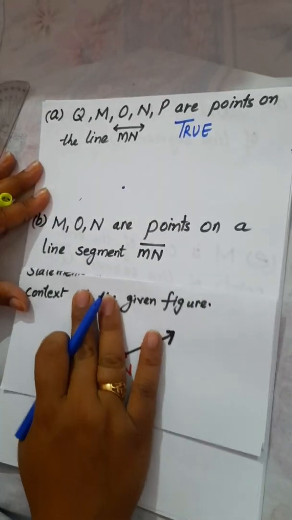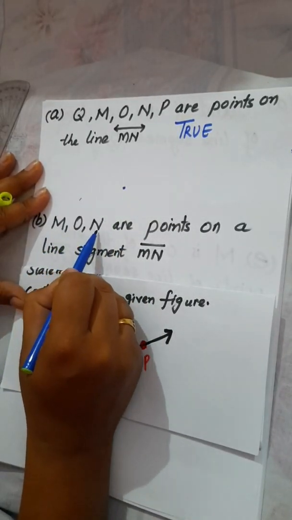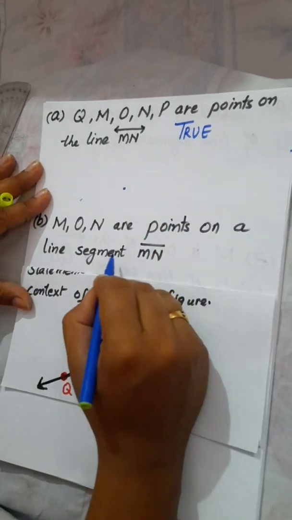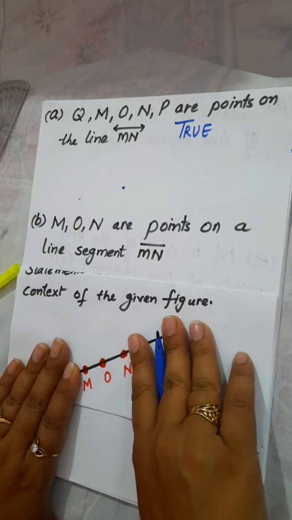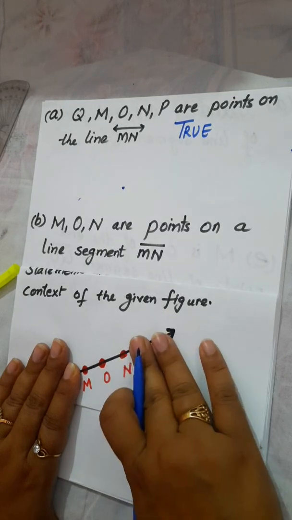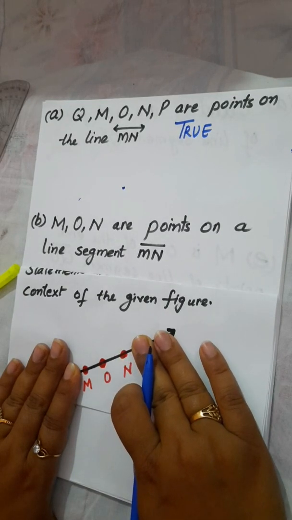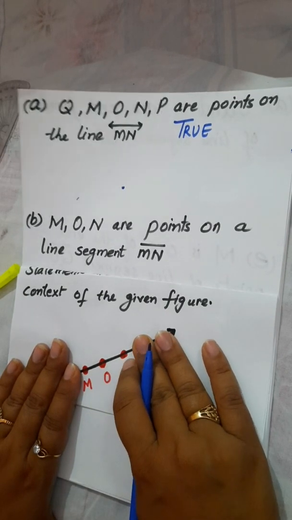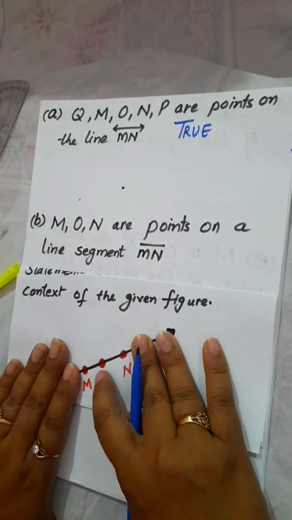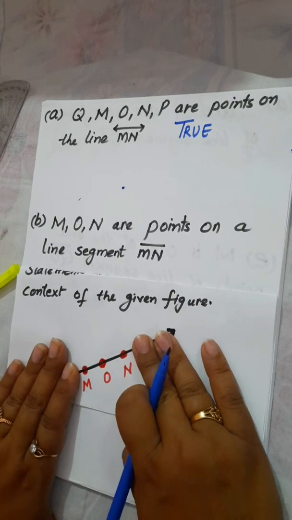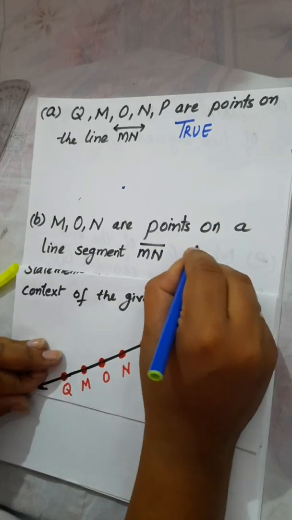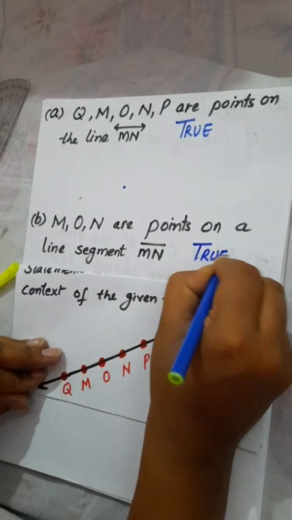Now B part is M, O, N are points on a line segment. A line segment means both ends are fixed endpoints. So here we have M, O, N as points, and MN is a line segment, so M, O, N are points on line segment MN. This is also true.